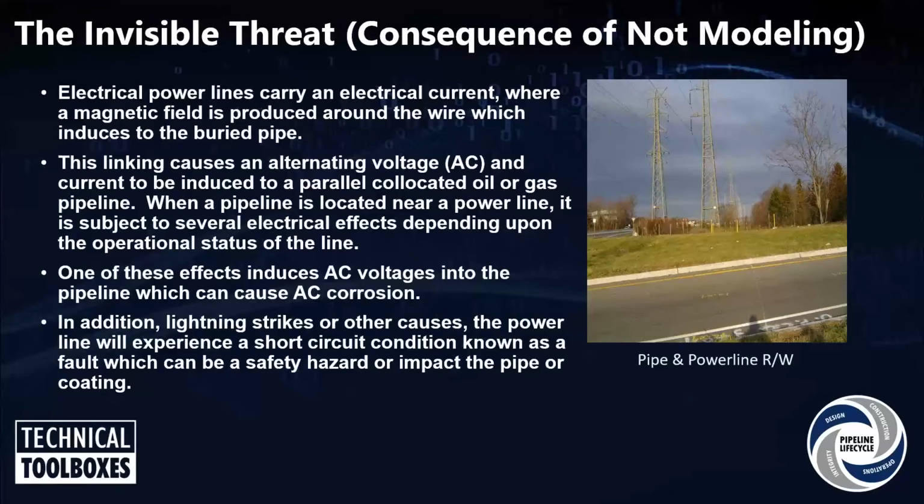My buddies in Thailand were using 31 power lines in their modeling. So try to model that. It becomes very difficult. So these are the challenges with modeling, and the challenges of not modeling is our AC corrosion, and it's been demonstrated 60 years ago, at least, regarding the initial studies that were done, the official studies that were done.